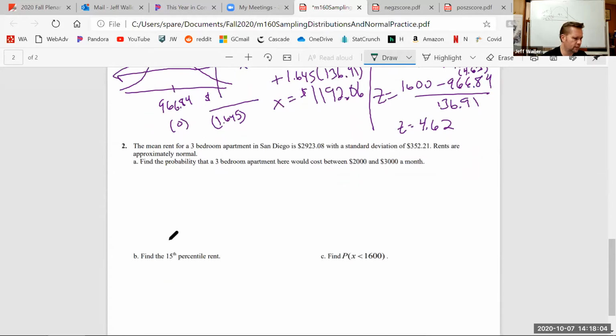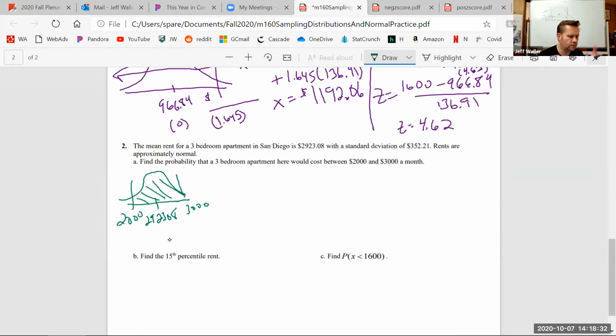So now we go to San Diego. And the numbers got a little bit larger, just a tiny bit larger. So now I want to know the probability that it's between 2,000 and 3,000. So the mean is 2923. I want to know between 2,000 and 3,000.